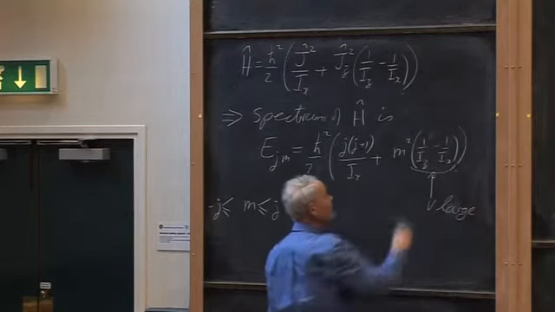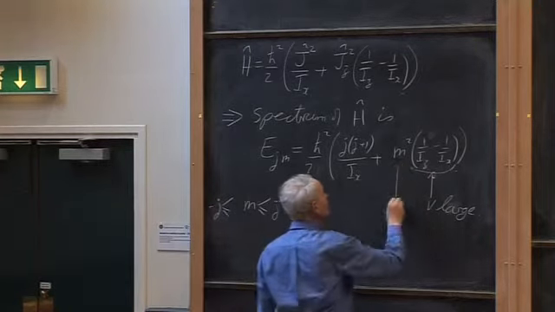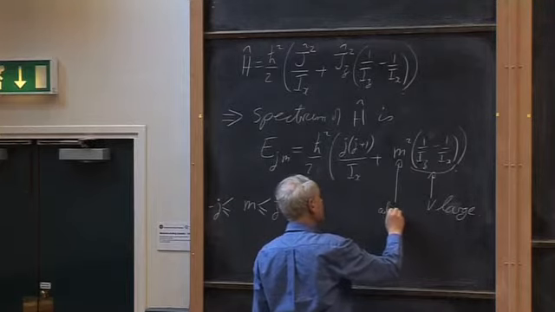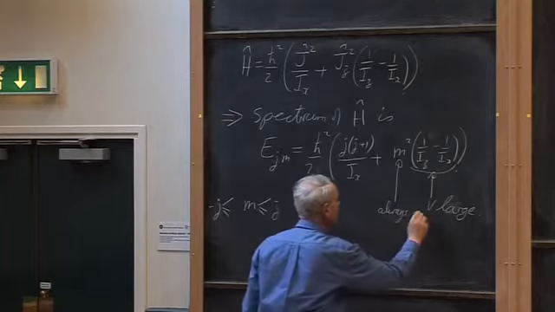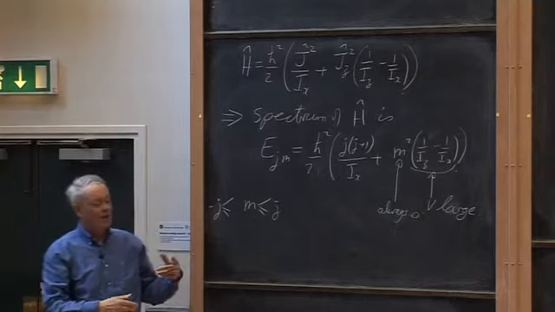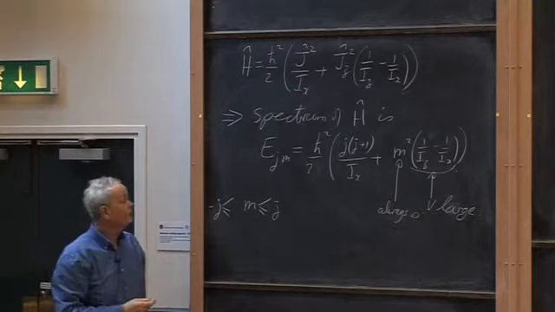Because Iz is so very small for a diatomic molecule, m is always 0. That's just saying that these molecules have their angular momentum around an axis which is perpendicular to their symmetry axis.